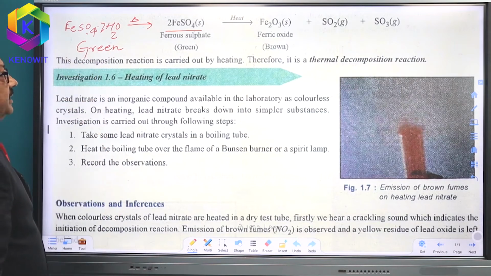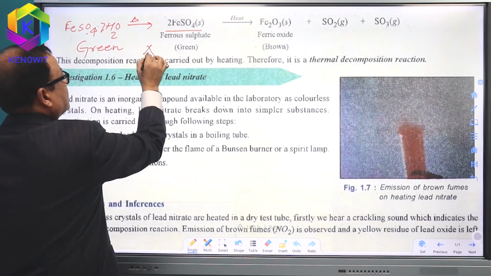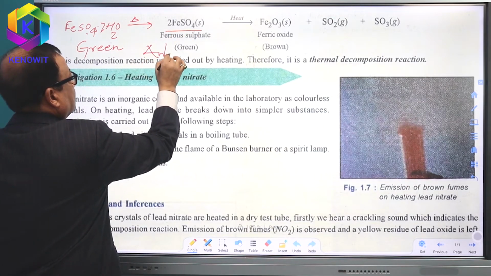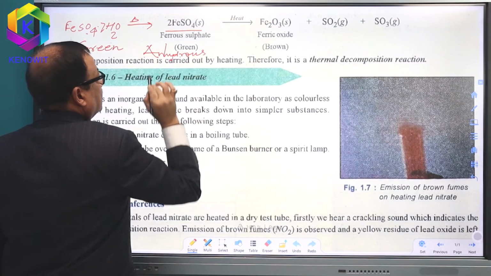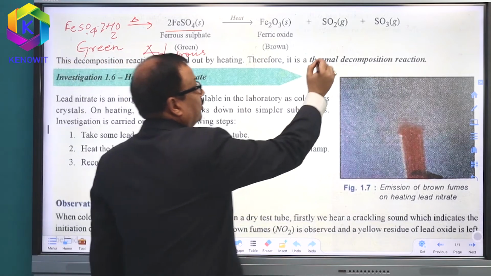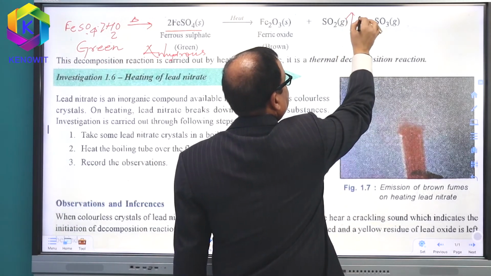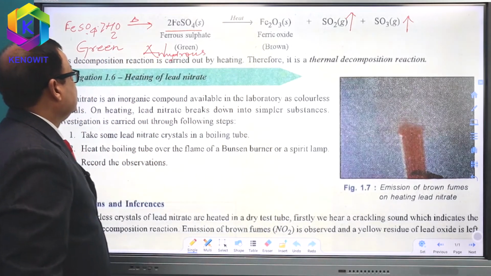Green crystal, ferrous sulfate crystal. This one is hydrated and this is known as anhydrous. Anhydrous ferrous sulfate gives ferric oxide, which is brown in color, and sulfur dioxide and sulfur trioxide gases are evolved.